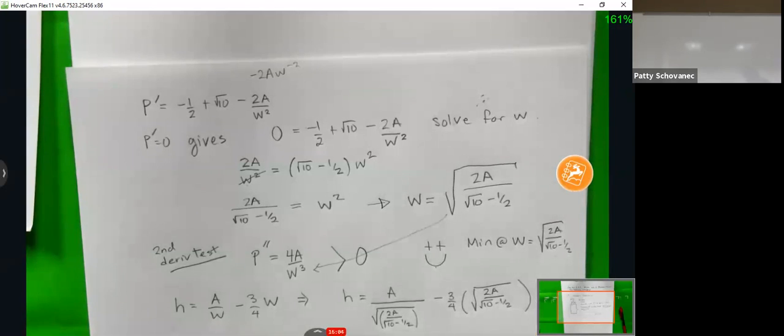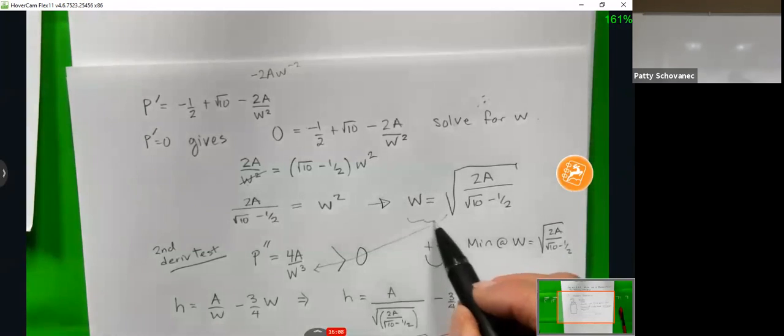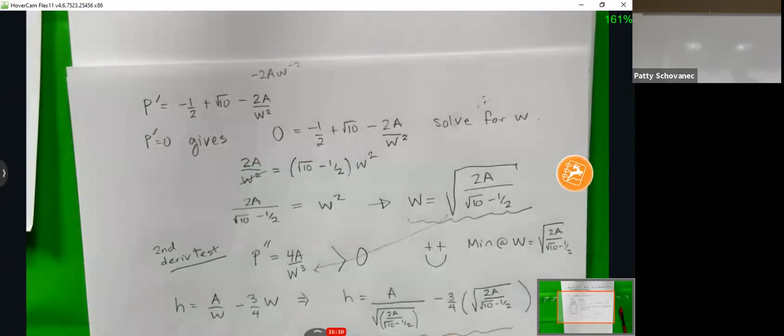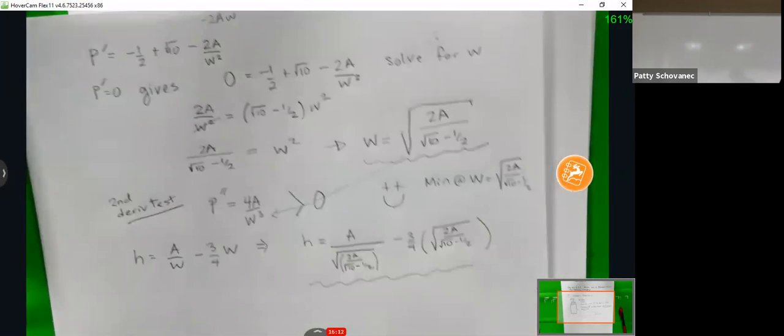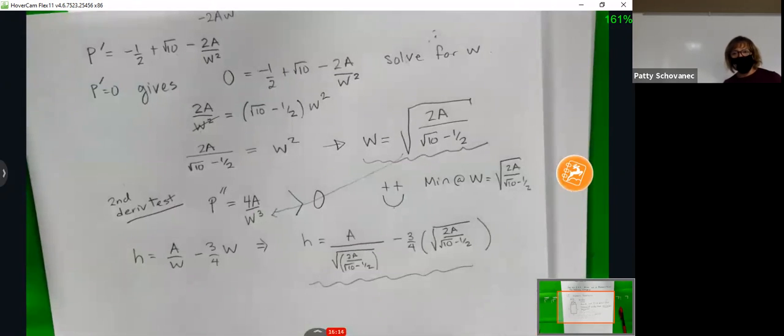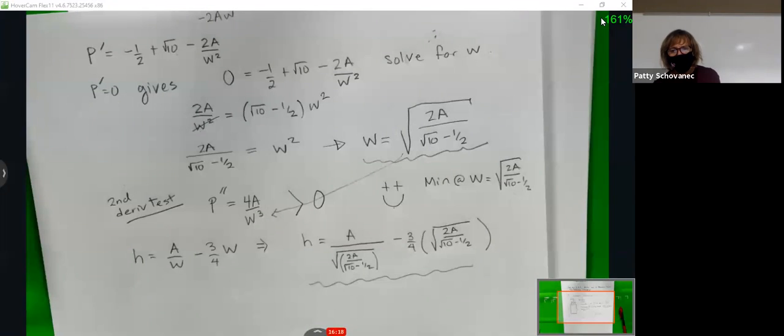Lovely number. So the dimensions that give the minimum perimeter have H and W to be the two funkiest numbers that you will see all day. Especially since one of your numbers has a letter in it.